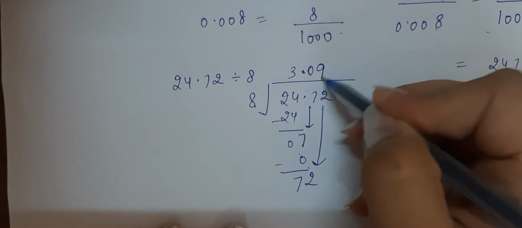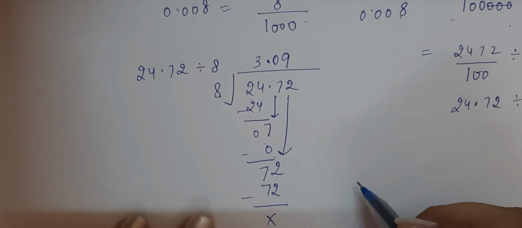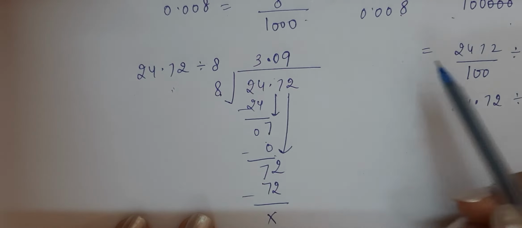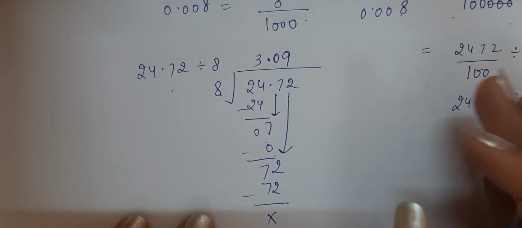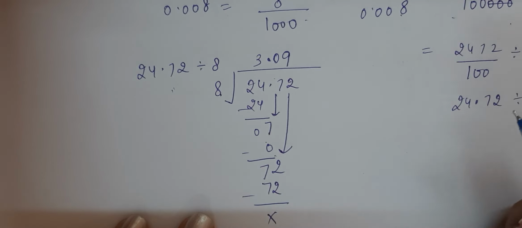So 8 into 9, 72, and it's the answer. So it is easier for us to find it like this than to cancel out. Both methods are okay. You can cancel out the terms, or you can find the answer like this.